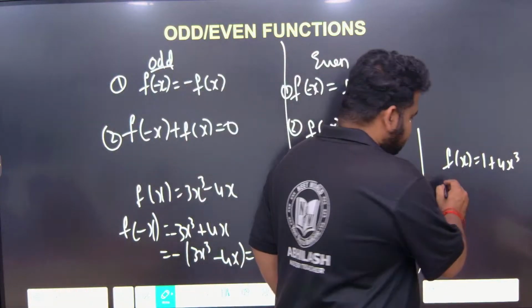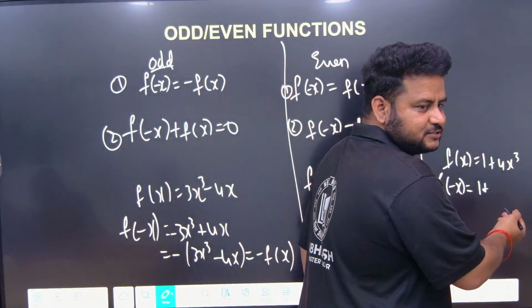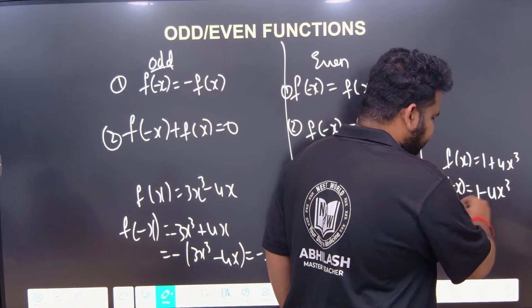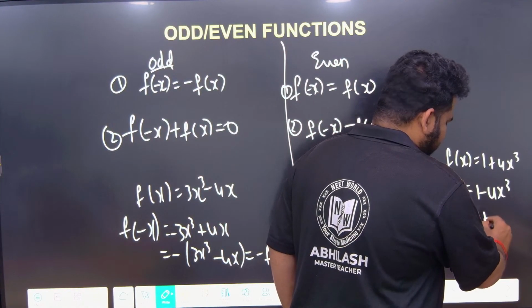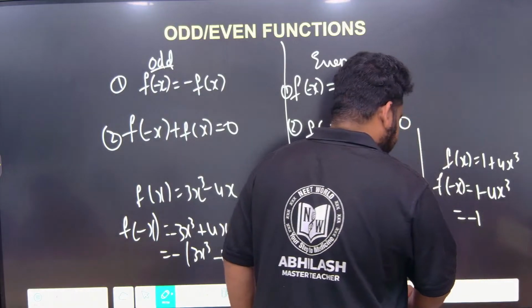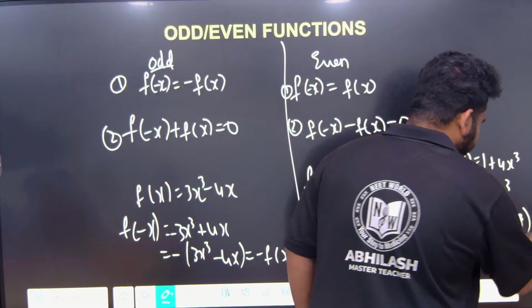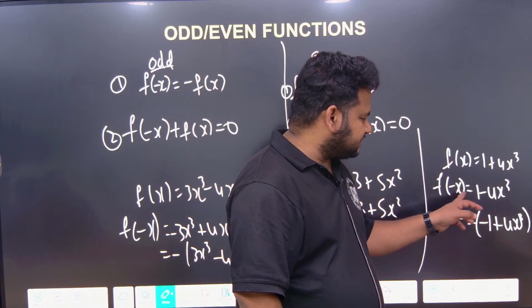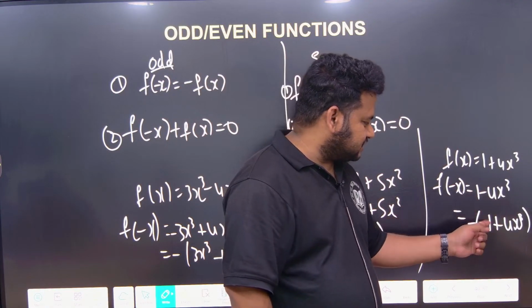See, for this if I apply f of minus x, please be focused, see here what will happen: 1 plus 4 into minus x cube is minus, so this will become minus 4x cube. If I take this minus outside, this will become minus of minus 1 plus 4x cube.